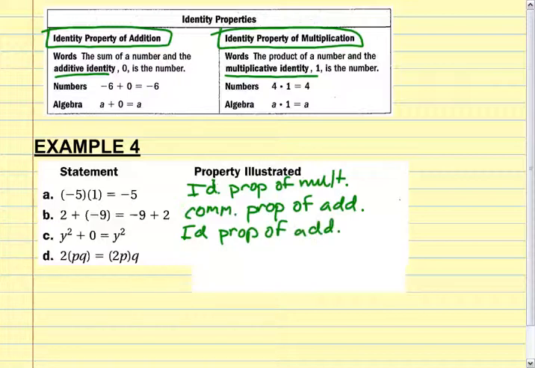Excellent. Right? Because we added 0 and it stayed the same. What about the last one? 2 times p times q is equal to 2 times p times q. Katia? The associative property of multiplication. There we go.